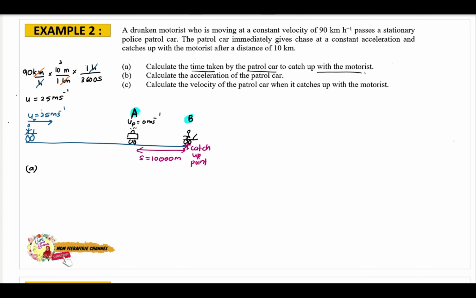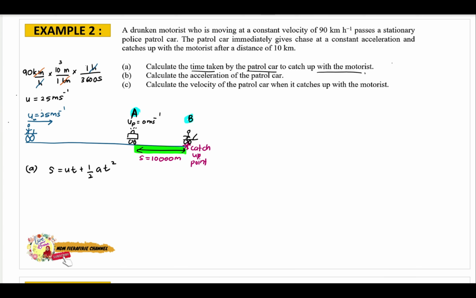How much time is taken from point A to point B, a distance of 10,000 meter? So, let's use the equation S equal to UT plus half AT squared.